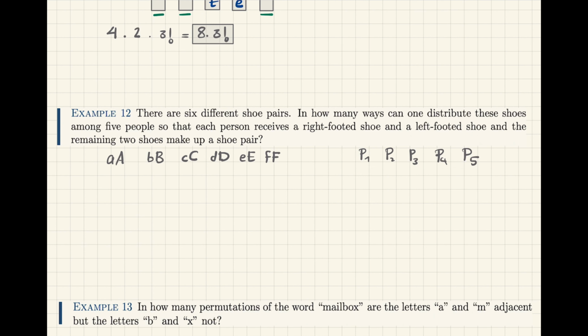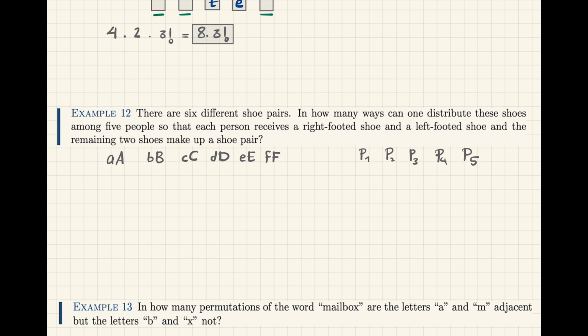But what you want to do is that every person receives a left-footed and a right-footed shoe, and then one pair is left, but we want to have that pair a real shoe pair. For example, I want to have F at the end. I want to have E at the end. So how can I solve that problem?